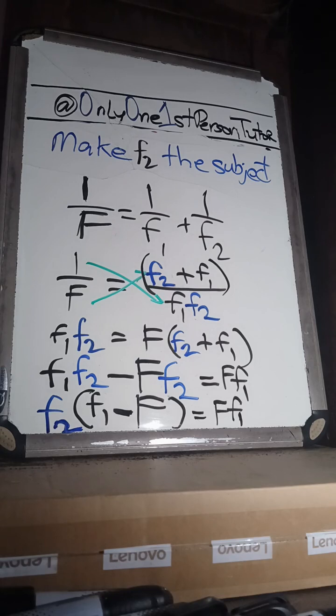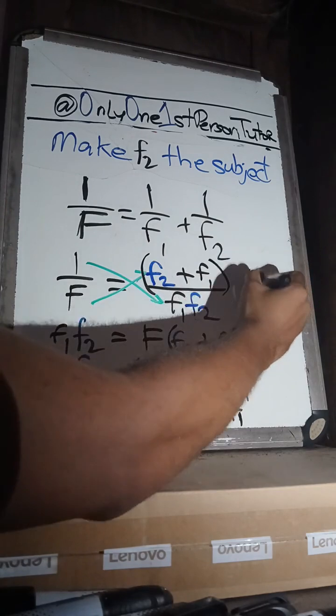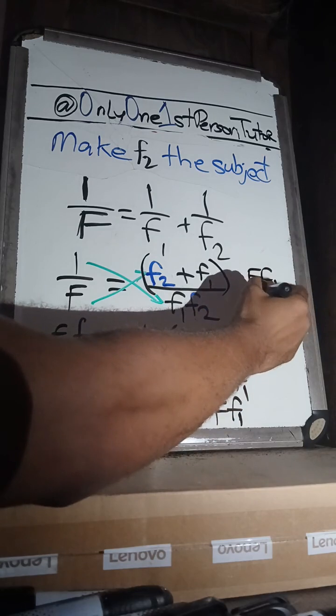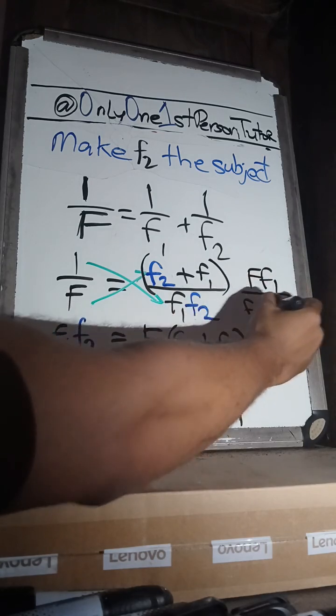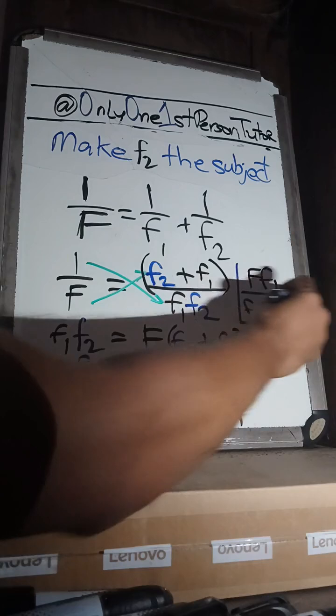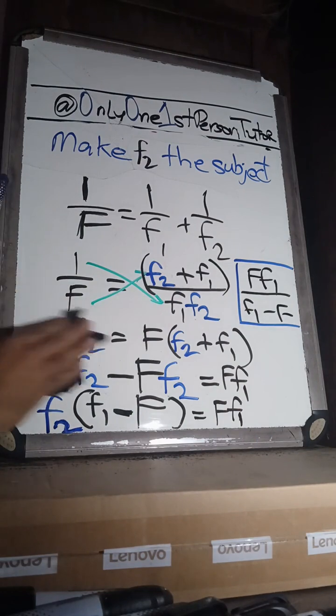This never did go easy. Let's see if I can make a mental note. So the blue F2 is going to be equal to all of that.